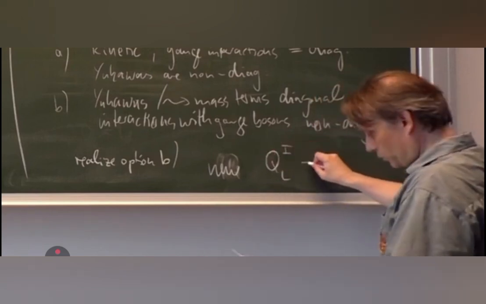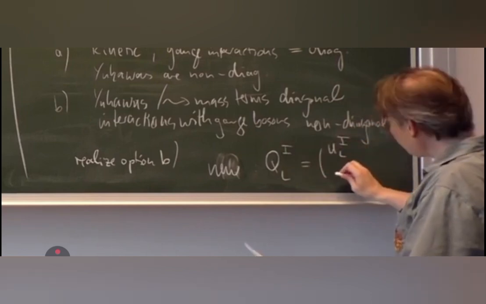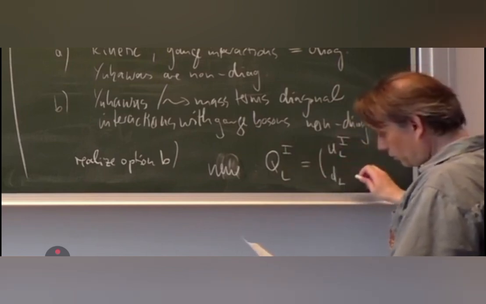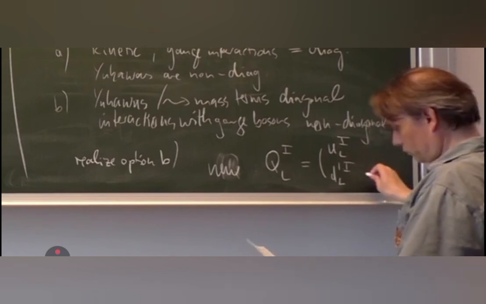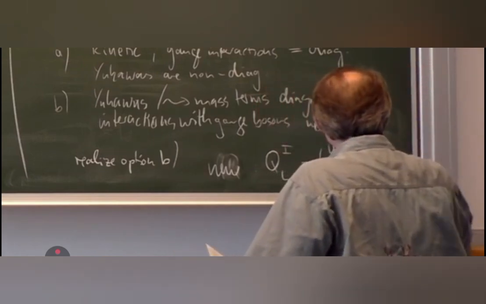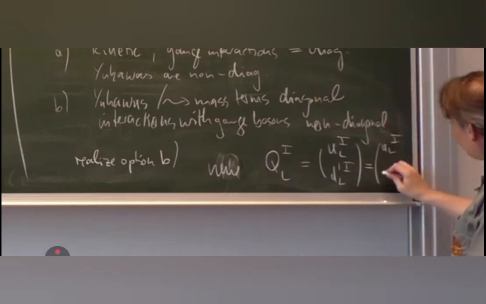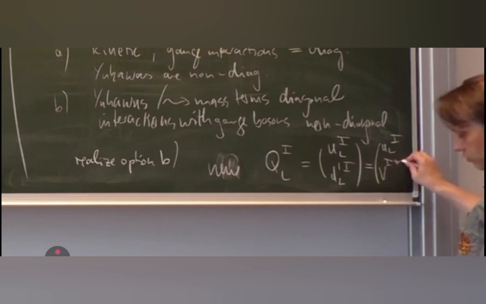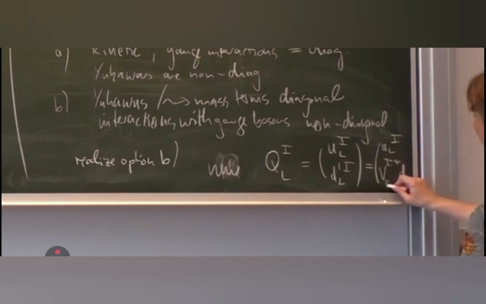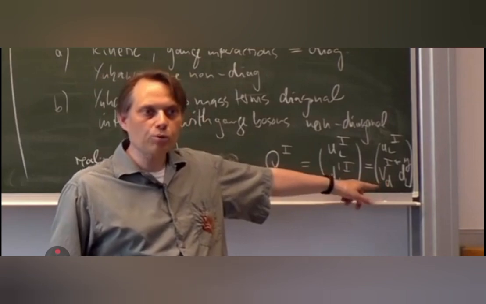Q_L^i is given as u_L^i and d_L'^i, which is the following: u_L^i, V_ij d_L^j. Okay, so we do an additional transformation of only one component out of the doublet.